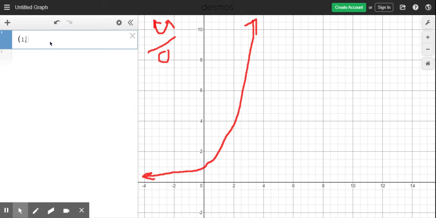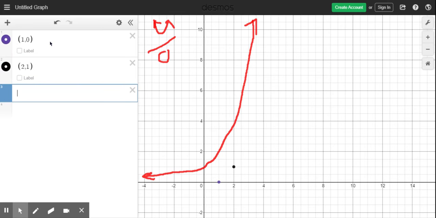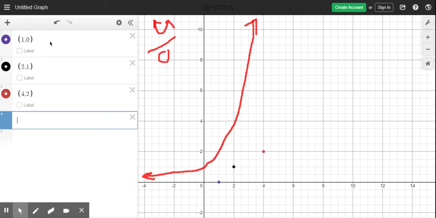So let's say instead of 0 folds, 1 section, we'll put it in as a 1, 0. And then instead of 1, 2, we'll put it in as 2, 1. And then this one would be 4, 2. And the next one would be 8, 3.